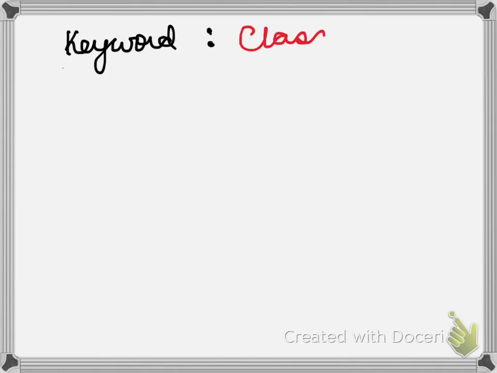Next, let us see how we will define each of these. Let us start with how we will define a class. A class in Java is defined using the keyword class, C-L-A-S-S.